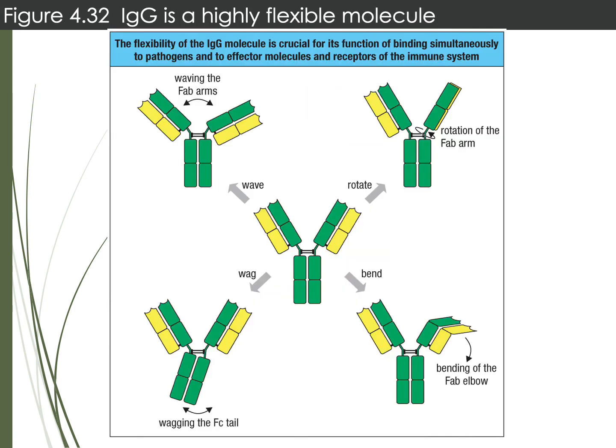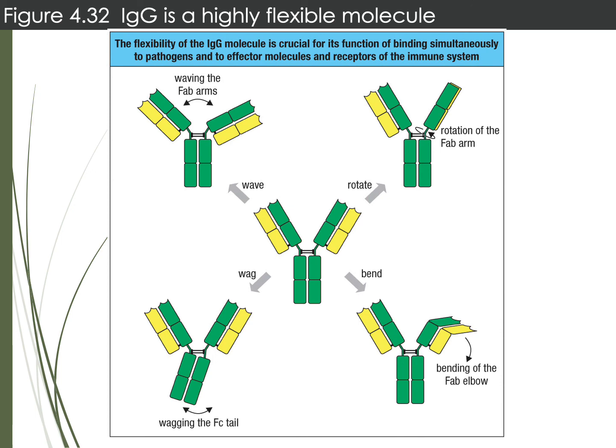And then another important concept is the hinge region I had mentioned. You can see that the hinge region allows for different movement of the Fab regions of the antibody. Those arms can wave, they can wag, they can bend, and they can rotate.